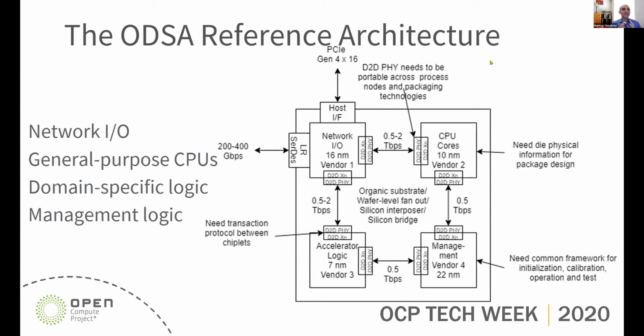There's a whole bunch of activities that need to be coordinated at the package level. Because there are four interfaces, each has to be brought up. All the other chiplets in the package need to know that the interfaces have been brought up. And they all communicate to the host physically through, let's say, the network I/O device. So somehow all of this information has to make its way to the host as well.